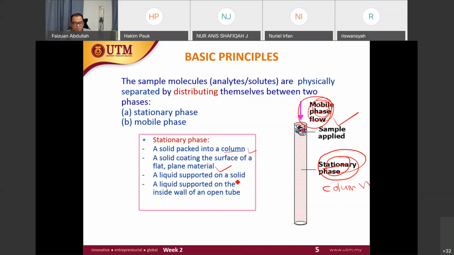A liquid supported on a solid, or on the inside wall of an open tube, is also categorized as a stationary phase, because it does not move, it's still there. The one that moves in the system is the mobile phase, which is the solvent. The mobile phase is a gas, a liquid or a supercritical fluid.